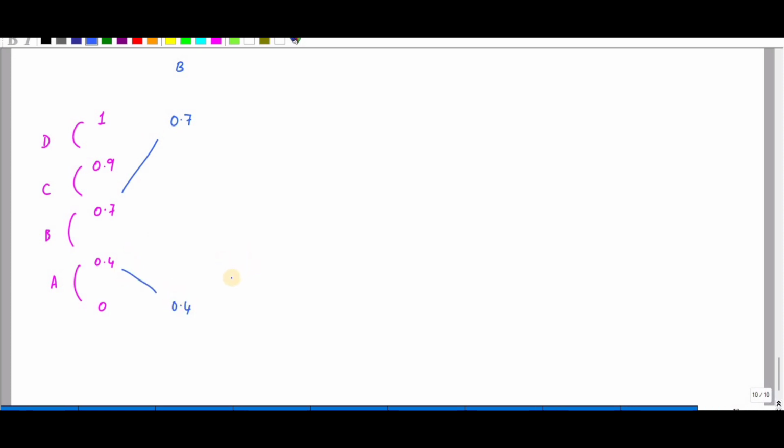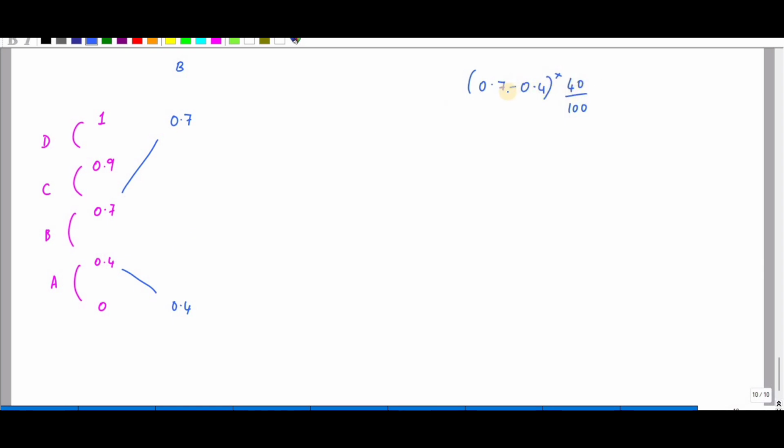So how do we find the in-between values? You have to subtract these two values, that is 0.7 minus 0.4. If I subtract 1 minus 0, I will get 1, and 40% of this is 0.4.